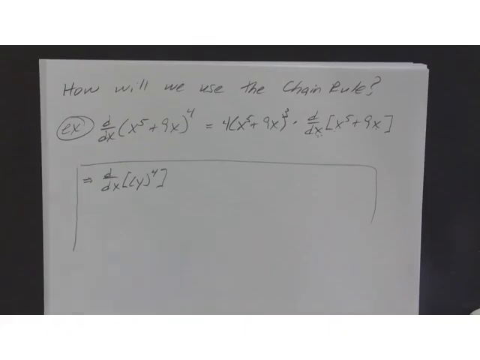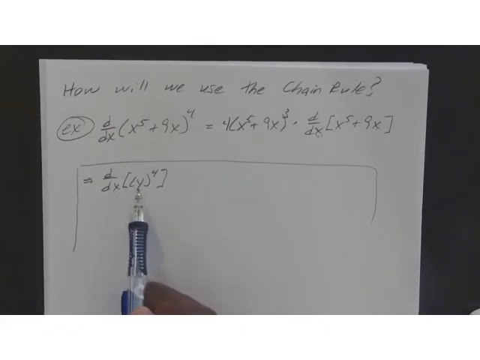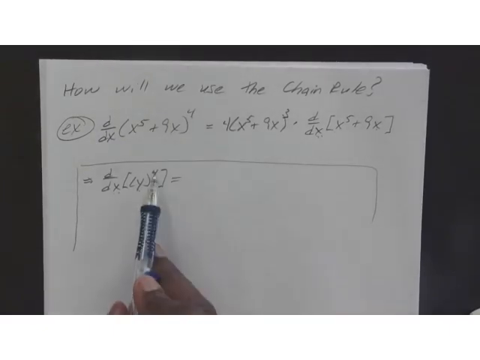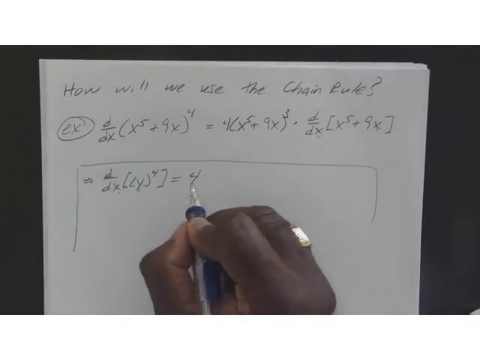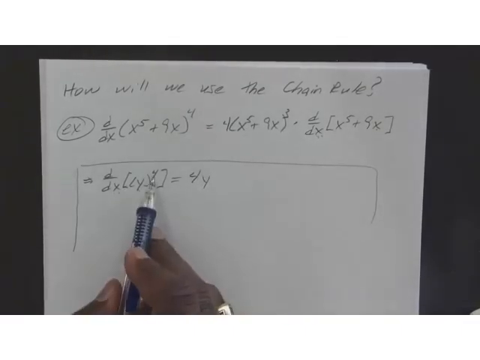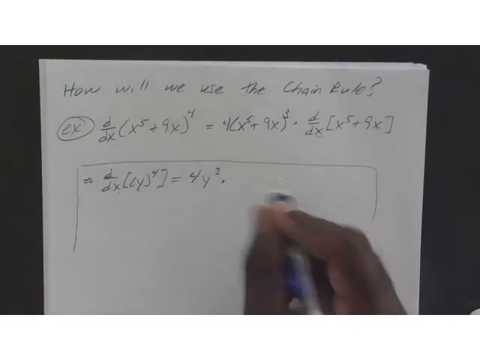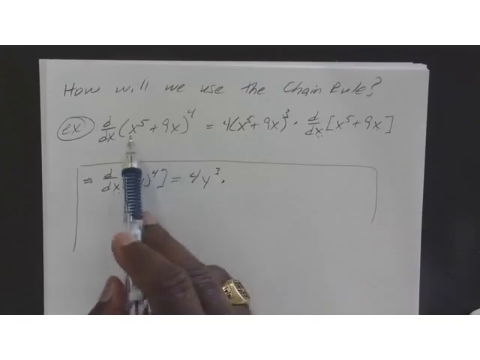Okay, but you can see here that your independent variables are not the same. But we do the exact same process. We take the power rule to the whole thing. So 4 times y to the 4 minus 1 power times, just like up here, the derivative of what's inside.